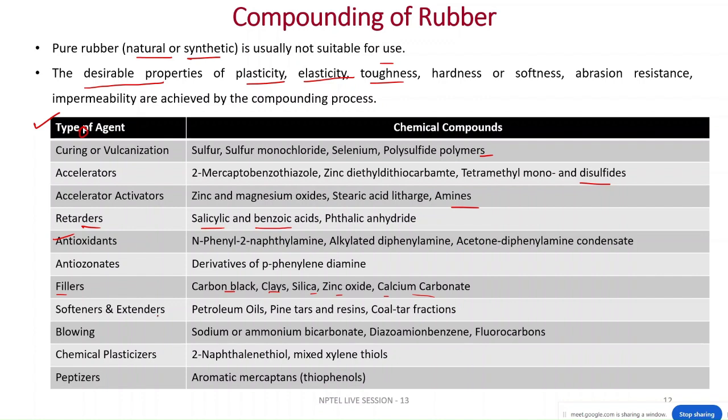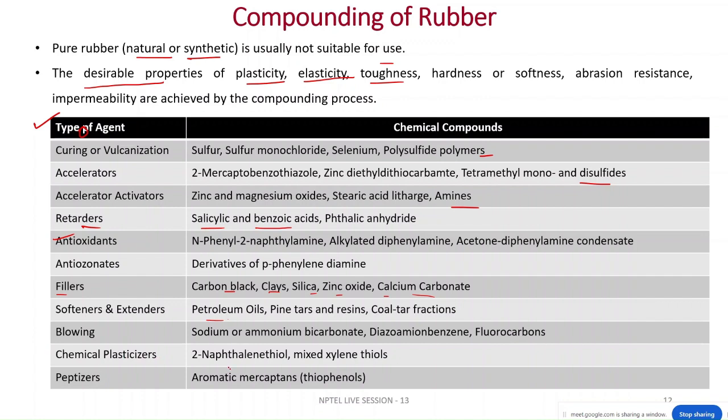Softeners or extenders are used: petroleum oils, pine tar and resins, coal tar fractions. Blowing agents are sodium or ammonium bicarbonate, diazoaminobenzene, fluorocarbons.